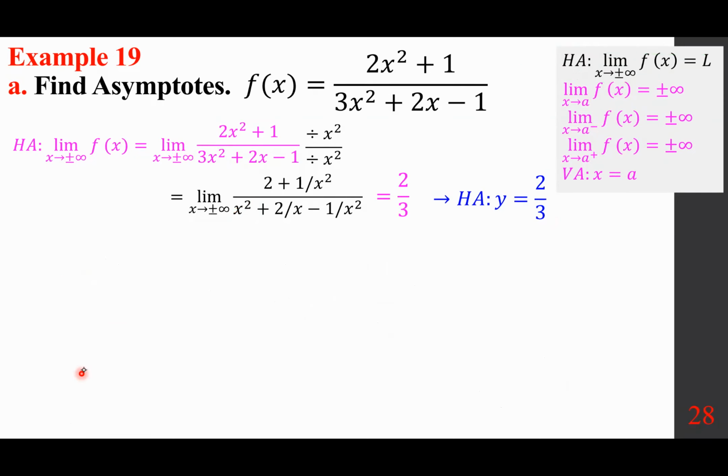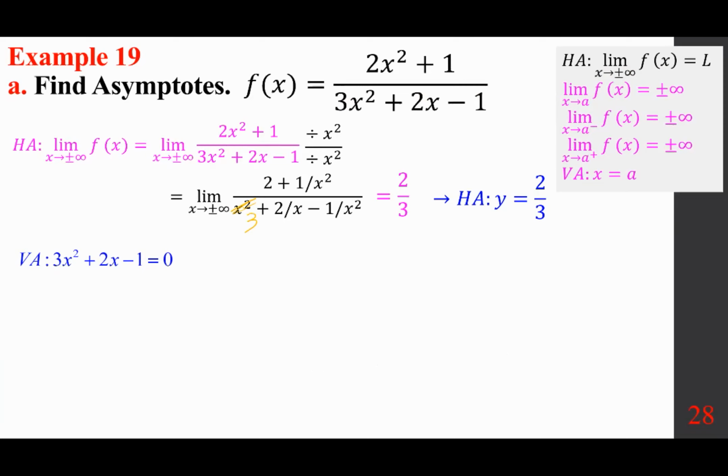So the next one is the vertical asymptote, VA. In order to find it, you basically set the denominator equal to 0. This was 3, that's important to know. So set the denominator equal to 0 and do the factoring.